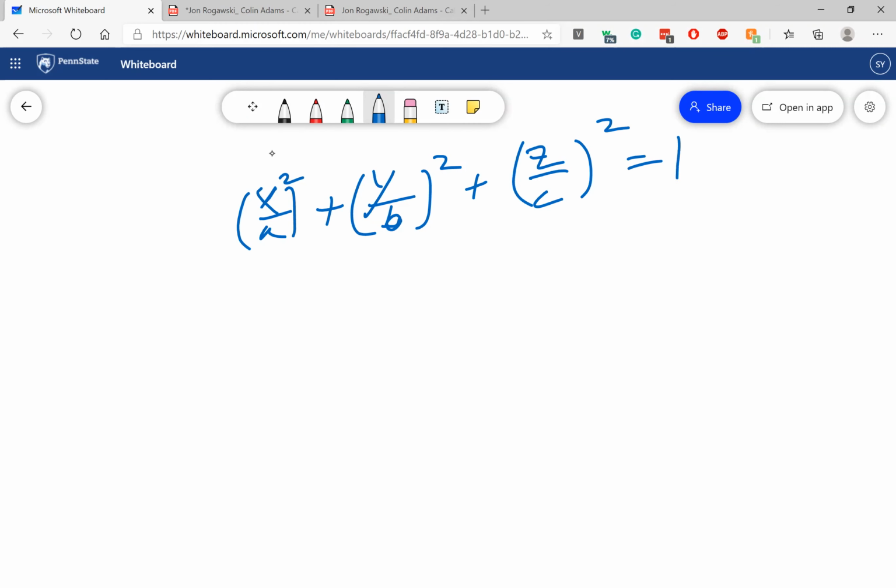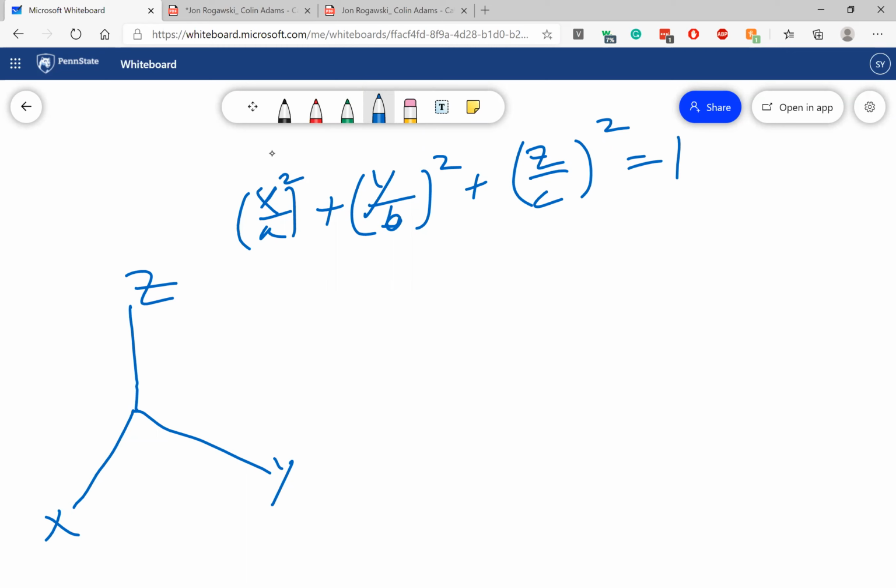Okay, so we can start by thinking about what happens when we set z equal to 0. If we're in the xyz coordinate system, then when z is 0, we would have x over a squared plus y over b squared is equal to 1. So that's when z is equal to 0.